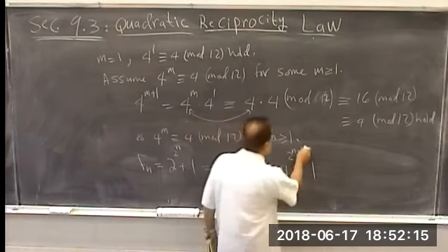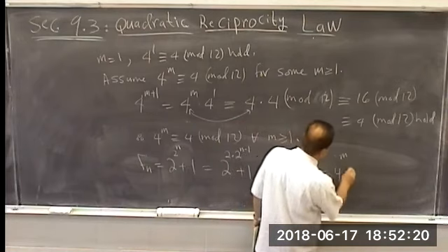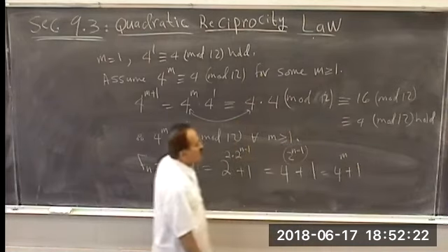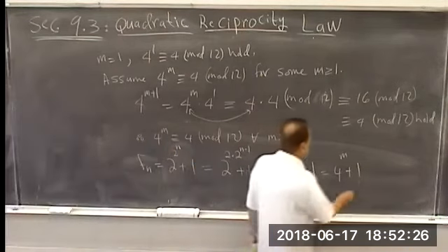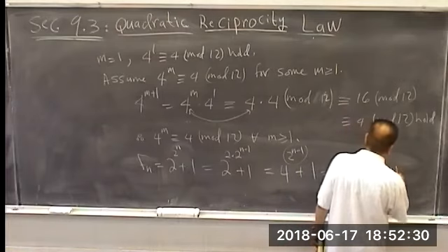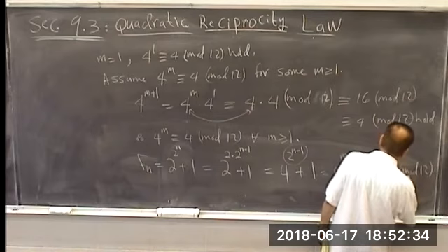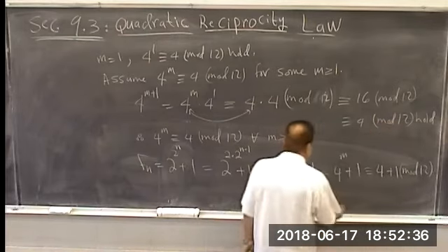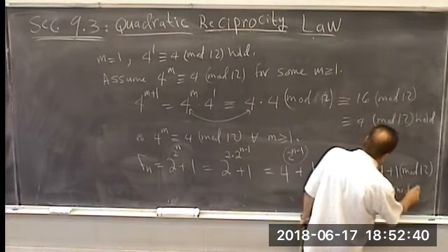Or I could call the exponent m. All right, and we just showed that this one is always congruent to 4, and then we have plus 1 mod 12. So it makes this one congruent to 5 mod 12.